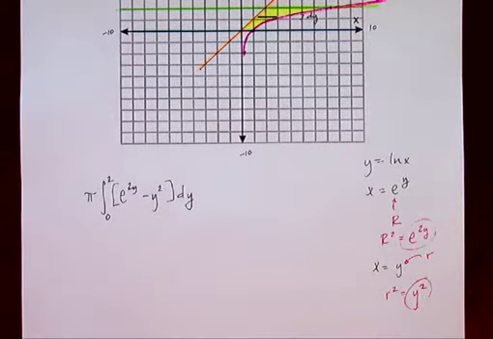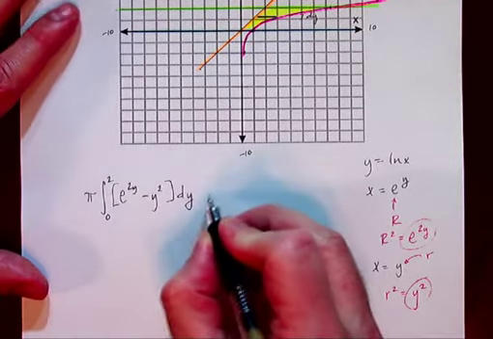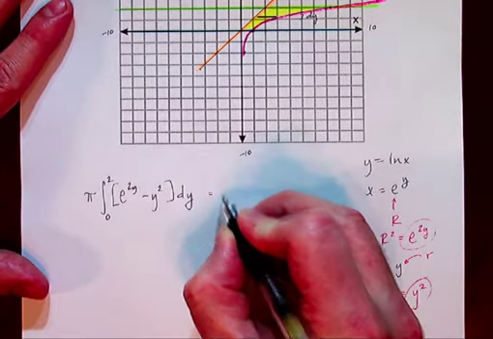Now this one isn't too difficult to do by hand. I don't have irrational numbers on my limits of integration, and both of the terms in the integrand I'm perfectly capable of doing. Okay, let's go ahead and do that. So I have pi.